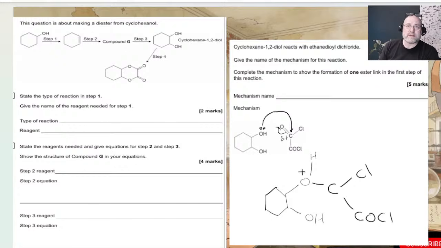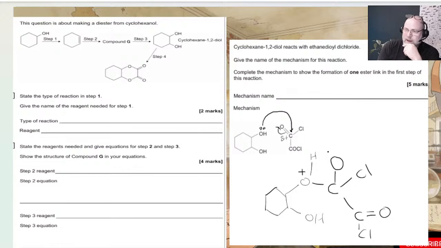What I probably need to do is display these guys as well. Let's put the O and the Cl there. Have I got all the O's? Oh, I haven't got all the O's. I'm missing my O. Right, let's display all the O's.